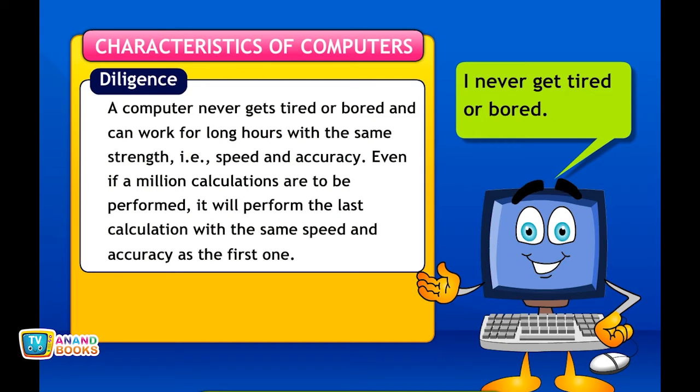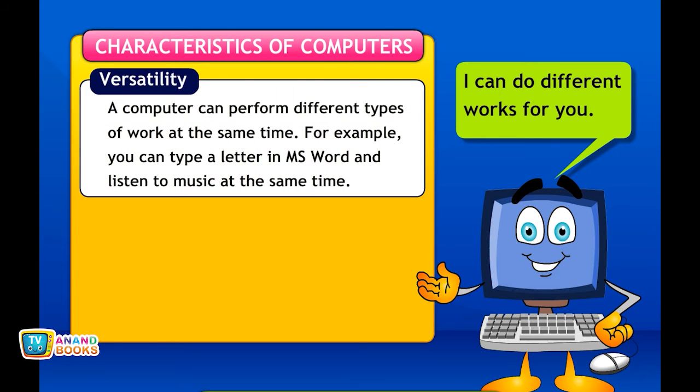A computer never gets tired or bored and can work for long hours with the same strength, that is, speed and accuracy. Even if 1,000,000 calculations are to be performed, it will perform the last calculation with the same speed and accuracy as the first one.